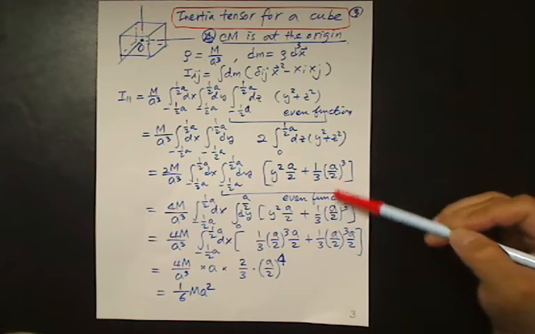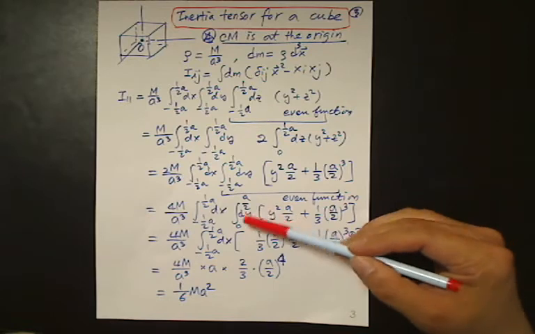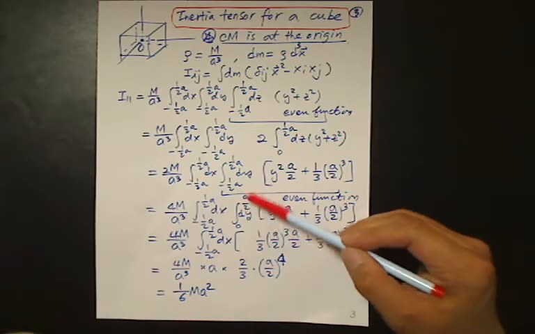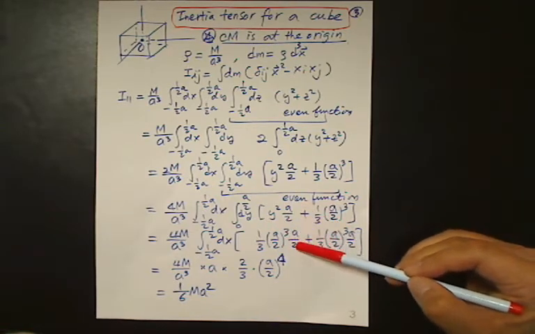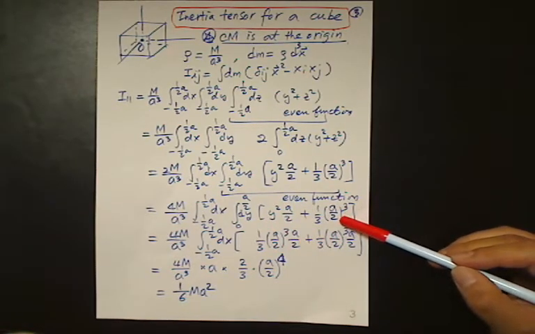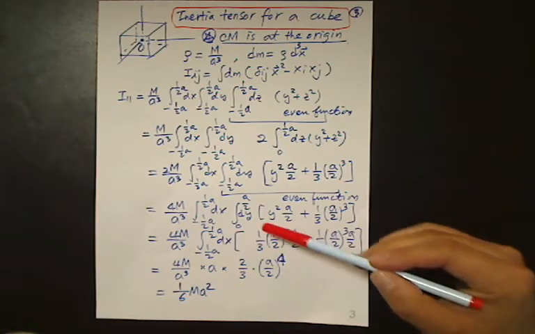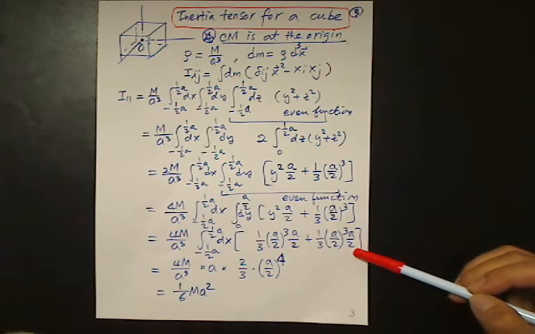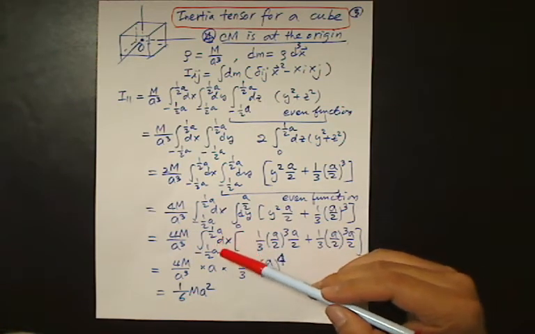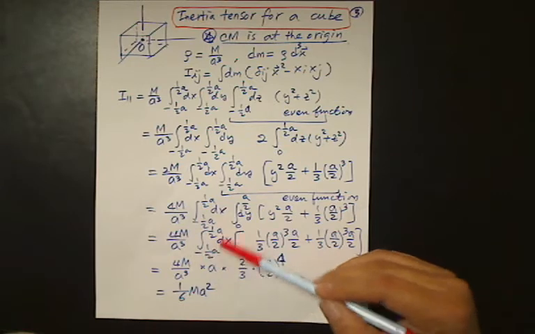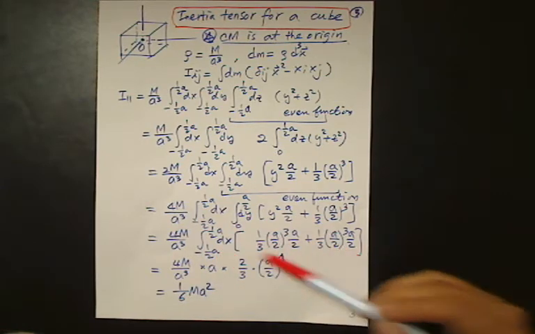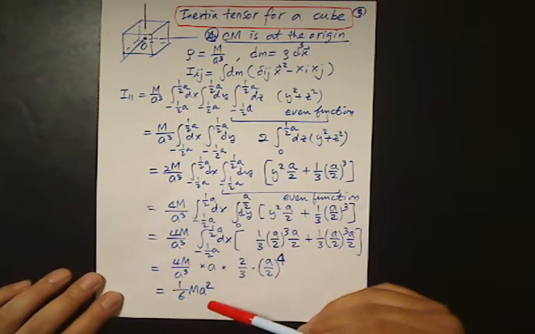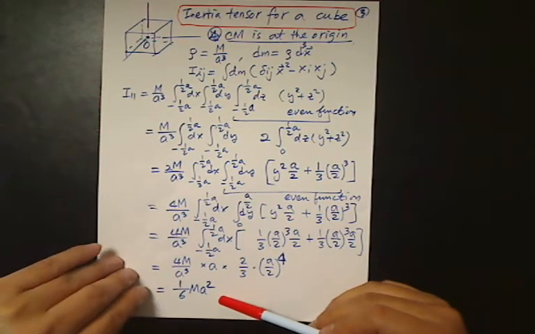This integral gives 1/3 of this 1/2 a cubed and a half of a, and this is constant, so we just multiply 1/2 a. At the final stage, this x integral is trivial because it is constant, so this becomes a. The final result is 1/6 of ma squared for the 1,1 component.